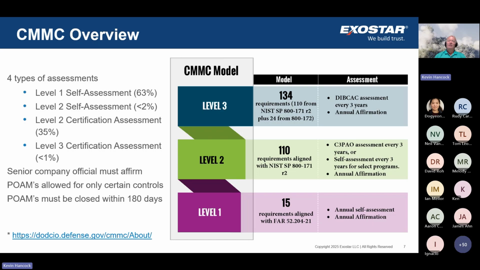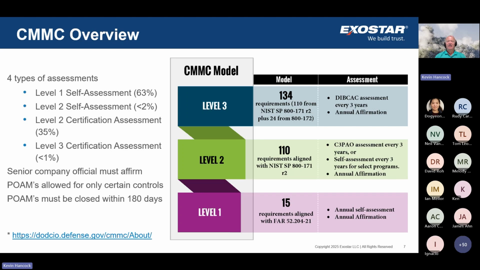And if you're a level 2 certification assessment, right, because there are 2 different categories of level 2, a small percentage of contracts under level 2 will still allow a self-assessment. The majority of contracts will require this third-party assessment. If you fall in that category, you'll be required once every 3 years to have that third party come in and do an assessment of your compliance with NIST 800-171 R2.